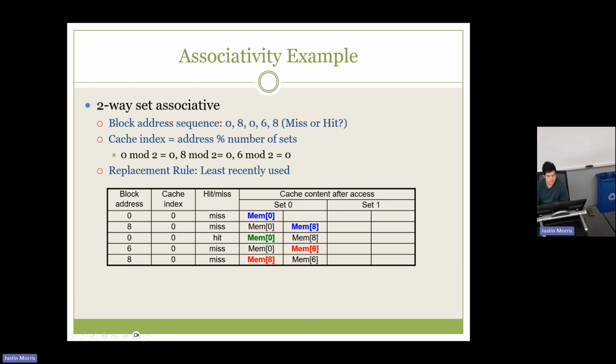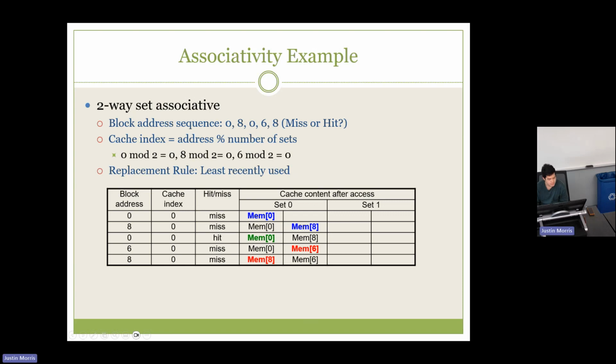Our replacement policy is going to be least recently used. So block address of 0, cache index is 0. Cache is initially empty. So just miss and fill in the first available block with the memory.